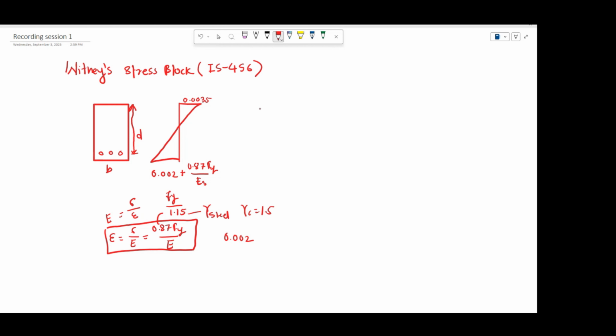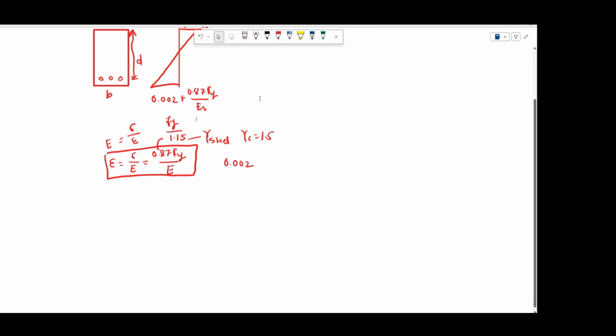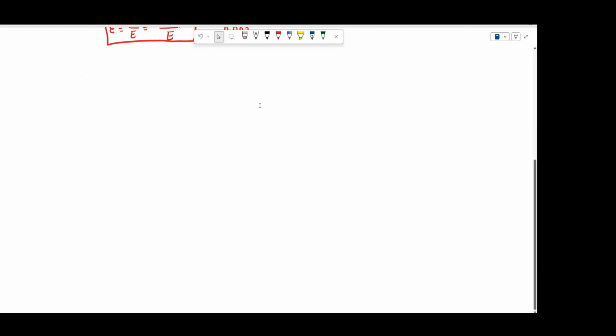Now we will come to the stress block, the main part. Before jumping to that, I'll try to explain from the basics. Let's say for concrete, if I try to draw a curve between stress and strain of concrete, the curve comes out to be parabolic like this.